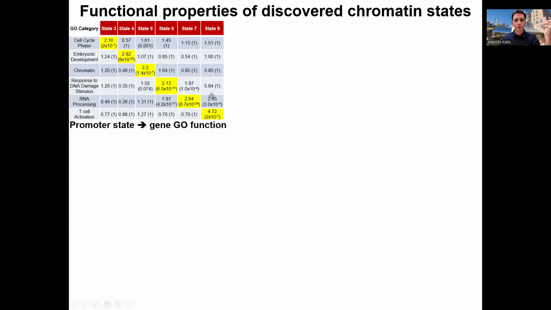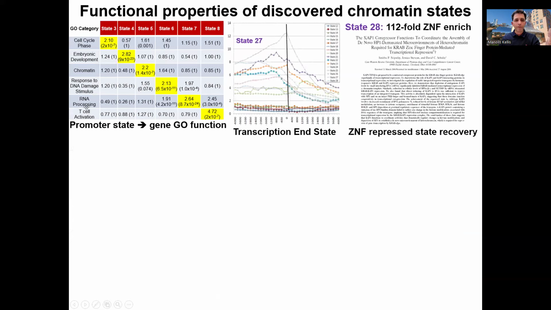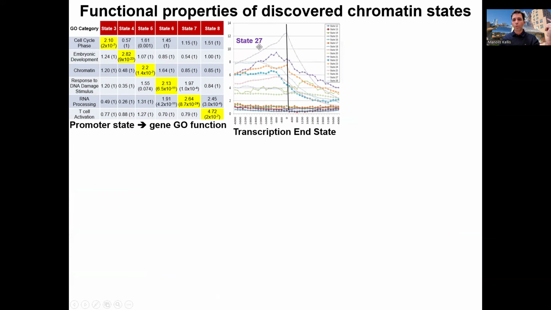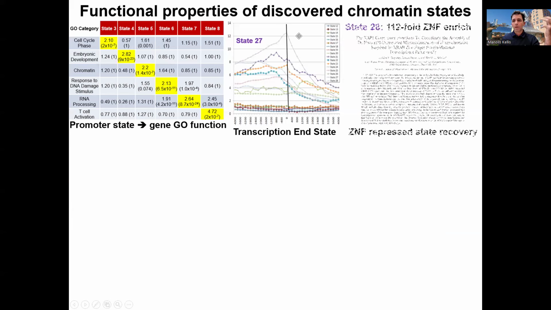If you look at the different promoter states, they were actually enriched in different functional categories. If you looked at the transcription end state, what we found is that there was one chromatin state that was actually found right next to the transcription end that was peaking there. We found another state that showed 112-fold enrichment for zinc finger proteins. I mean, in the genome, you're kind of excited when you find a 2-fold enrichment or a 5-fold enrichment, but a 100-fold enrichment, I've never seen that.